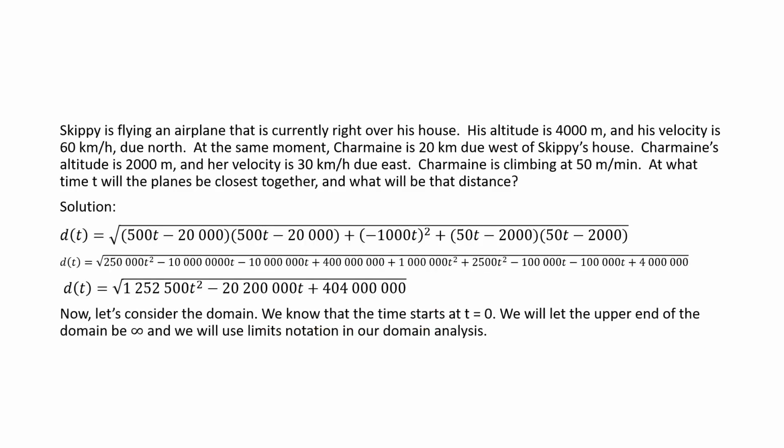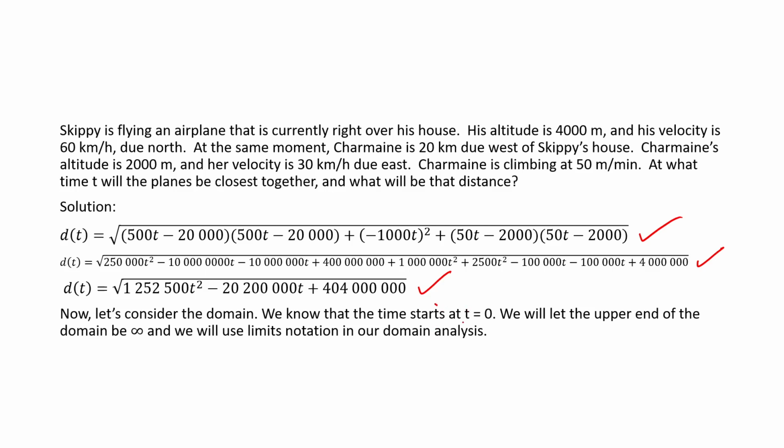We do a little simplifying at the bottom. Then in the next slide, all we do is we expand out what's underneath the square root sign, and we simplify. And we have a formula next to that third check mark for the distance at any given time t between the two.